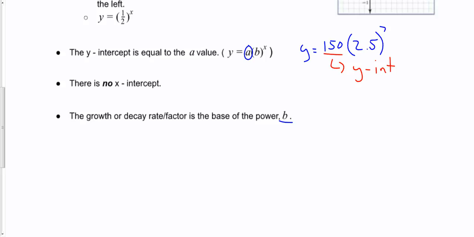So if you have a curve that goes very high, your b value is going to be bigger than a curve that goes like this. In this case, the b value is not quite as high. So the b value is still going up, but not going up nearly as high.